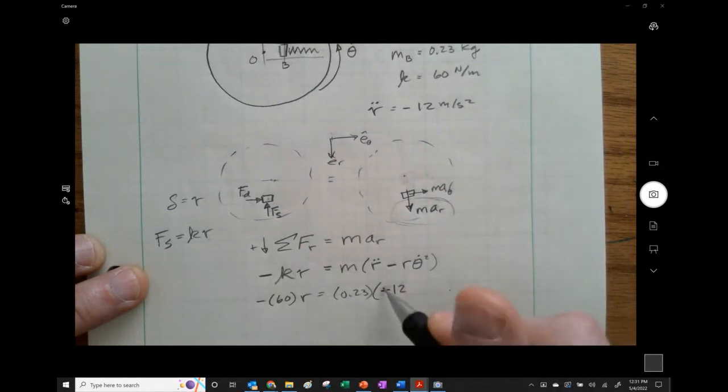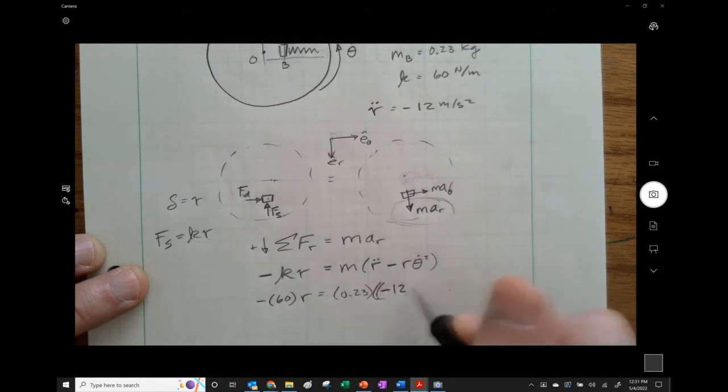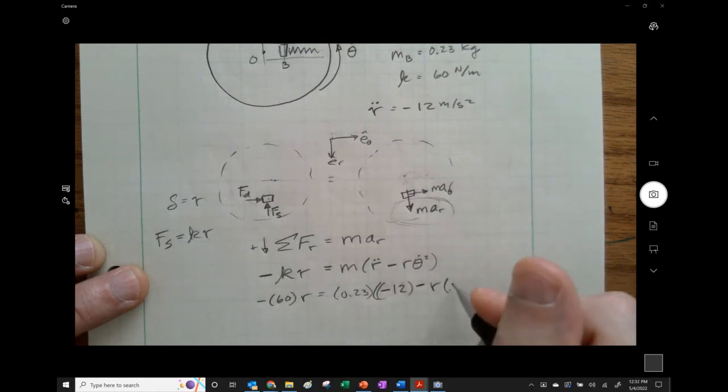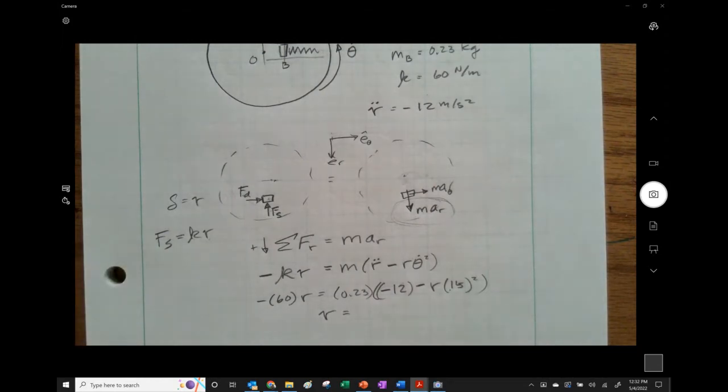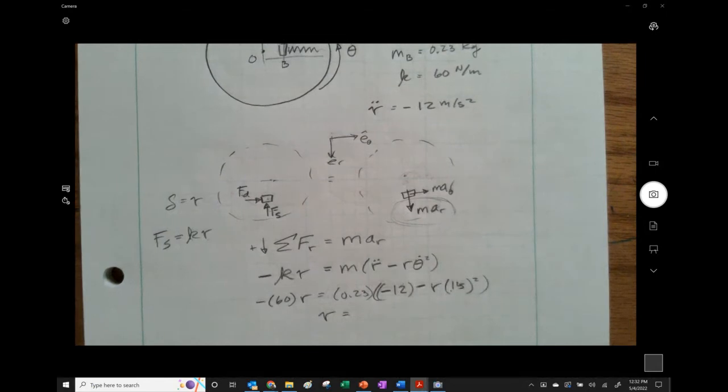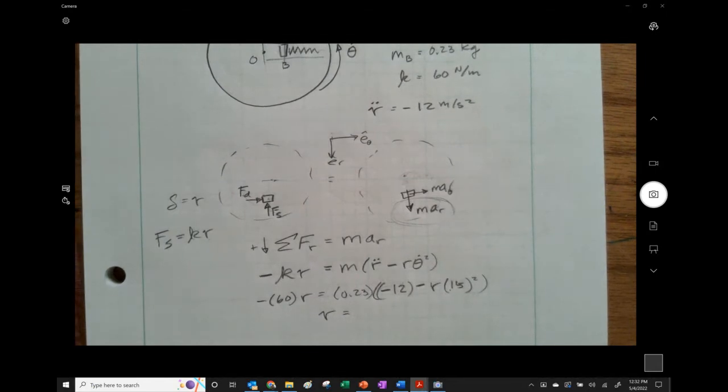That's why I don't use the negative right there. And then R that I don't know, and then I have 15 squared. So if I do all of that, I should get a radius of 3.345. But let me double check. I think there's no reason why it shouldn't be. I think I could just trust myself.